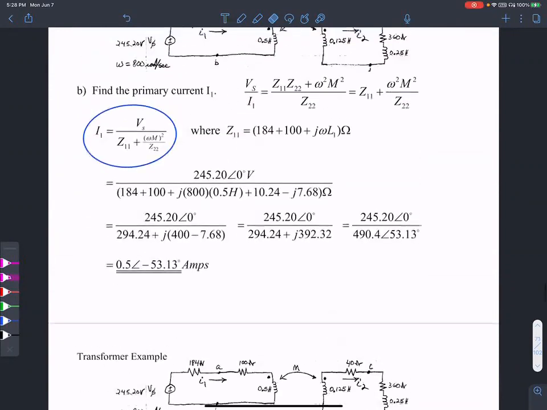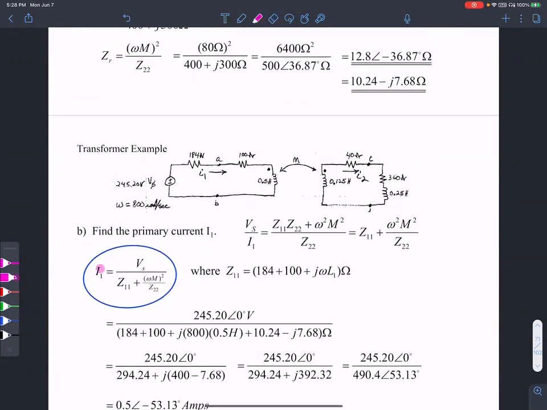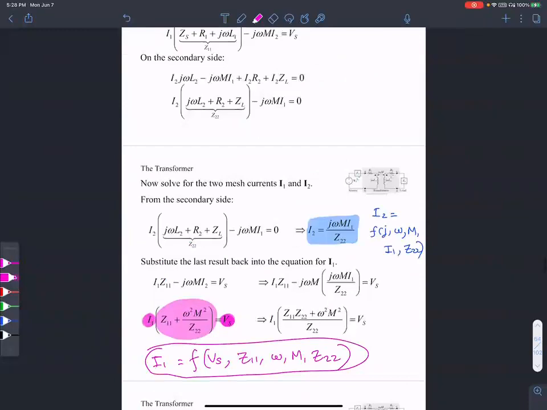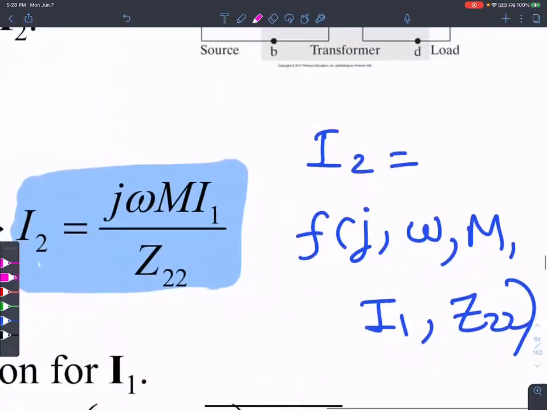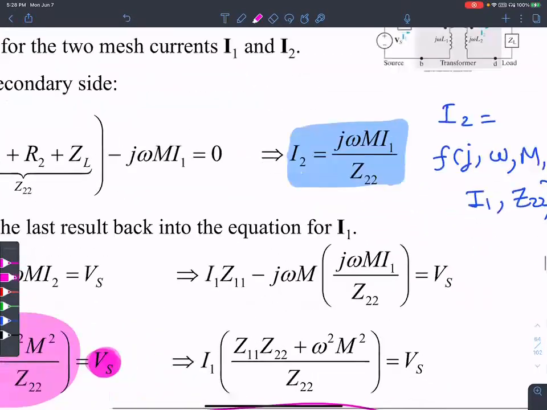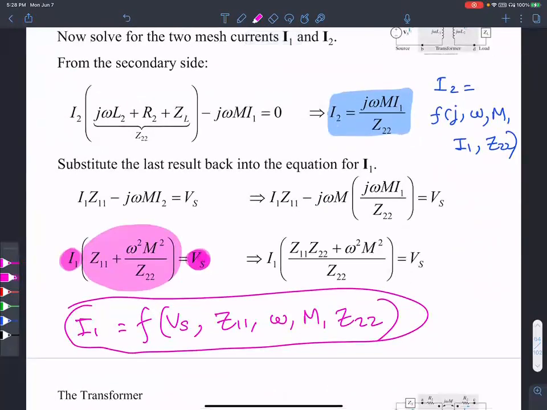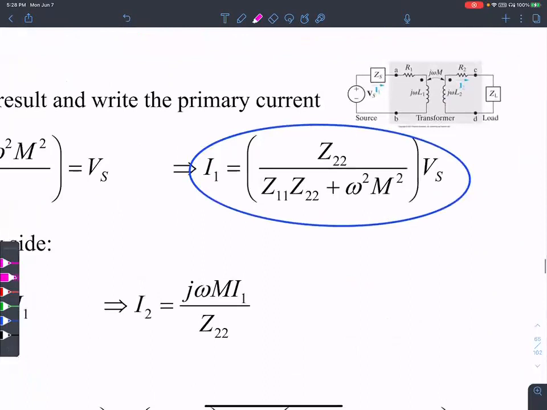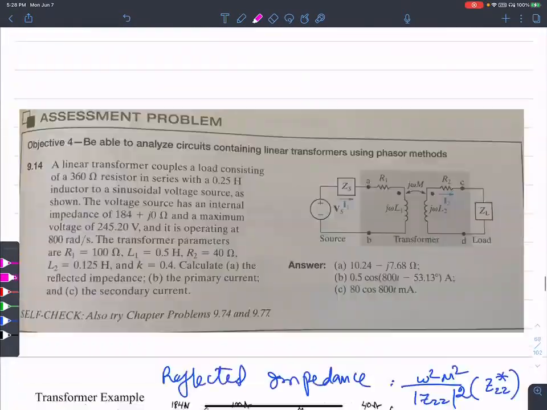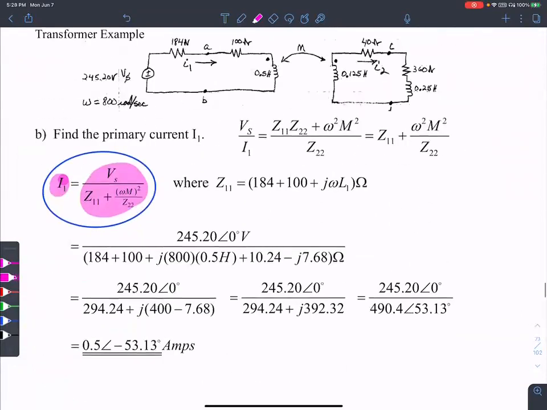All right. When it comes to finding I1, it's simply applying this equation here. If you remember, I mentioned that there are certain important results that you want to remember: I1 and I2 as functions of Z22, Z11, omega M, and Vs. That's exactly what we use in the formula here.